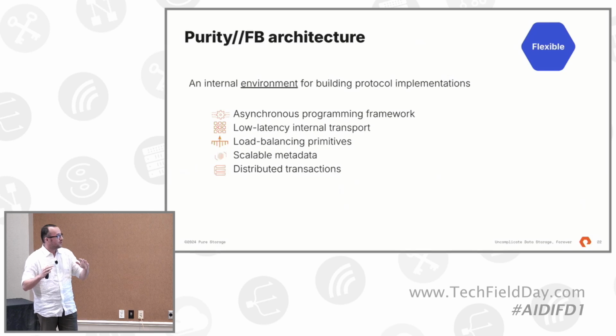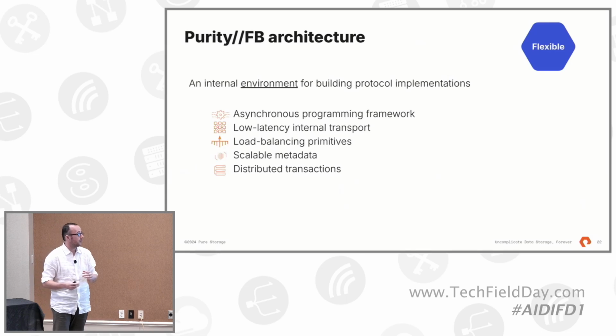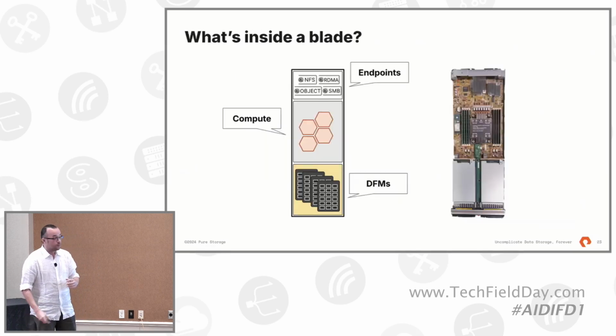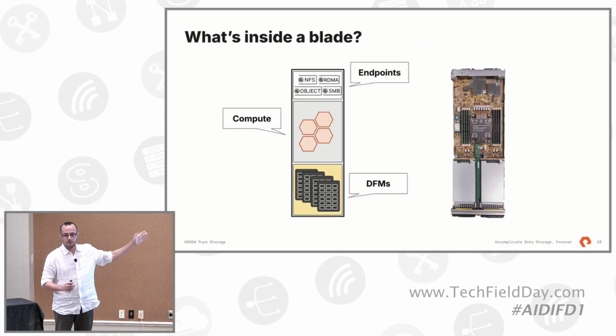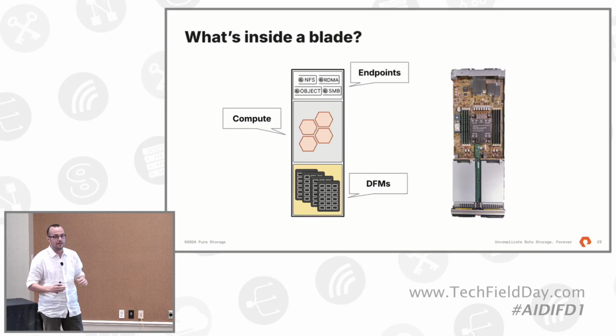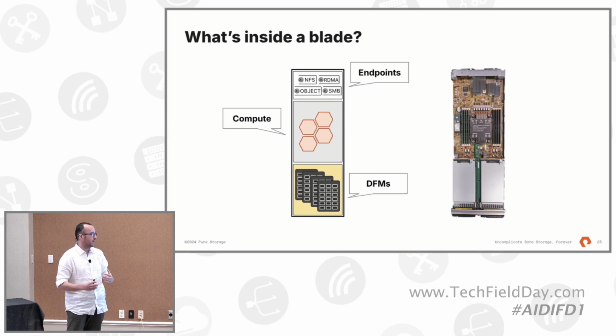So Purity FB is really a toolkit of machinery that we put together in different ways to implement different protocols and different data services. So what's inside a blade? So on the right, we have a picture of an actual FlashBlade S blade. On the left here on the slide, we have a conceptual diagram of the software layers that run on that blade.